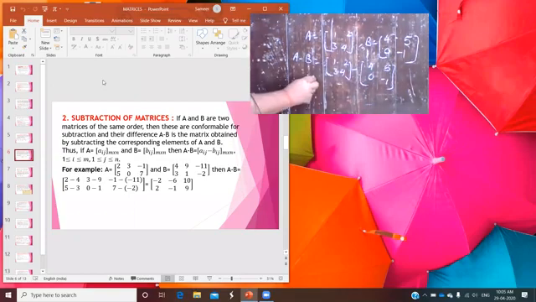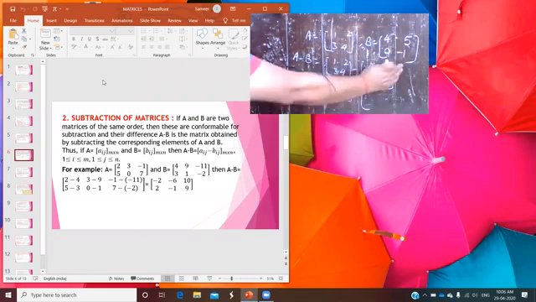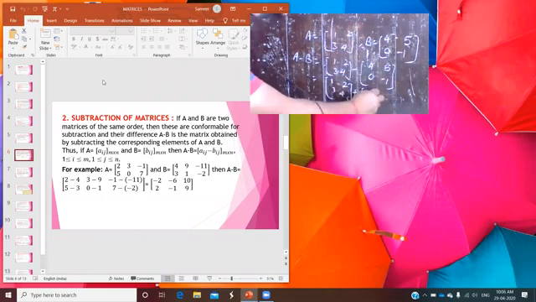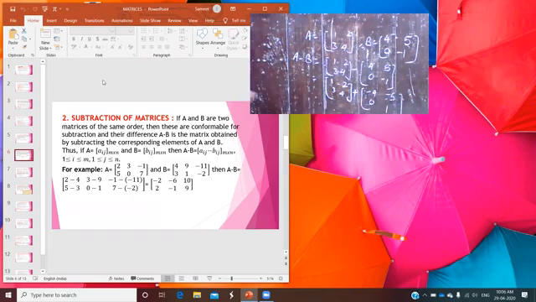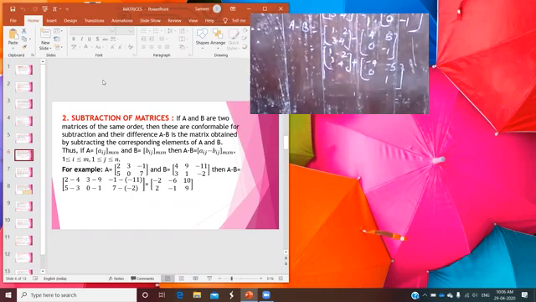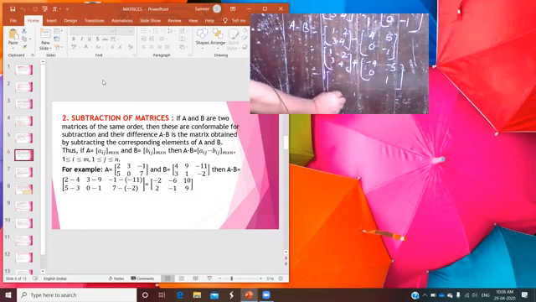So write it this way: 1 2 3 4 plus the matrix with minus 4, minus 5, 0, and 1. Now you have a sum, so add the corresponding elements. Here you have -3, -3, and -3 and 5.